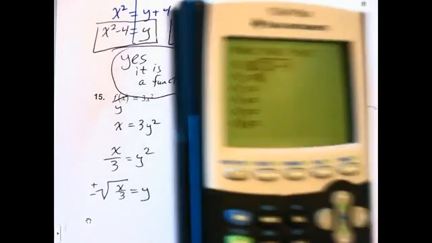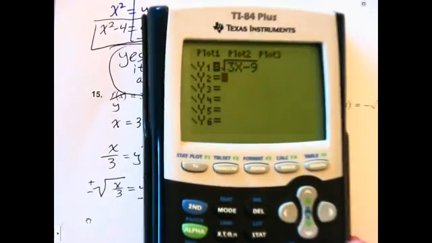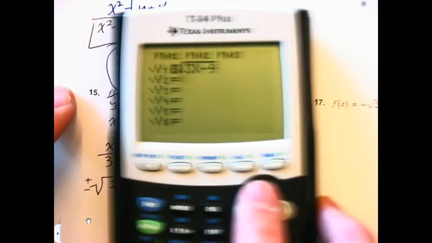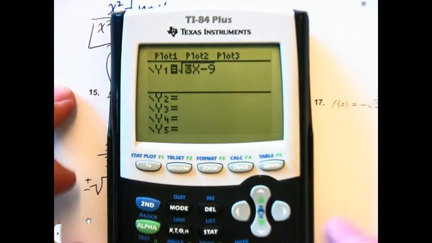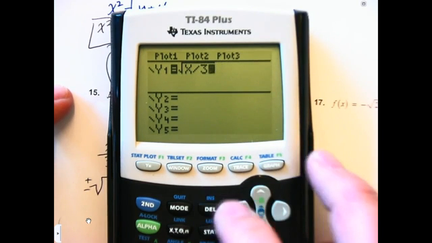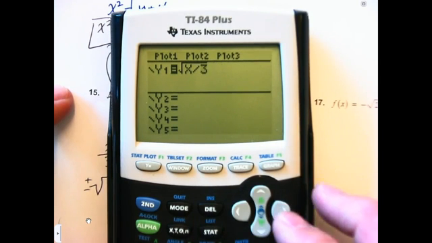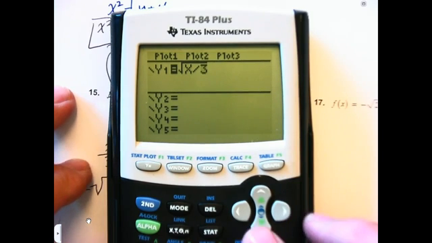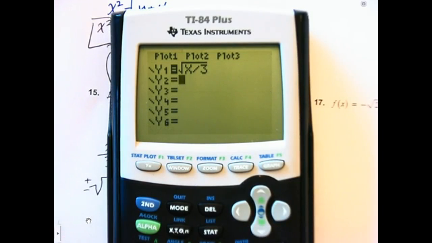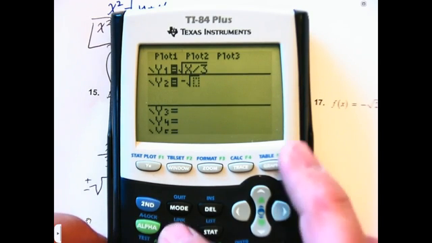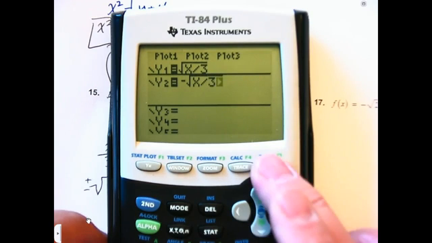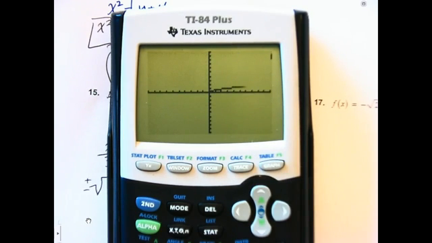Where did the 9 come from? Here, I'm going to switch it up. I think Kai plugged in the wrong thing. That's okay. So there's the positive version, but you also have to put in the negative one. So it has two parts. It has a plus minus root x over 3. Now when I graph that, I get that, and then I get its bottom part.